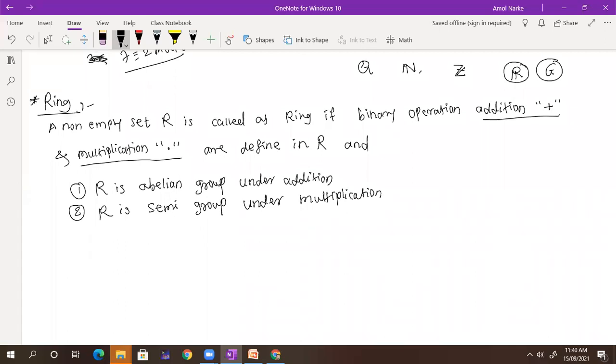And third one, both left and right distributive law holds in R. Now what is meant by distributive? You know that.